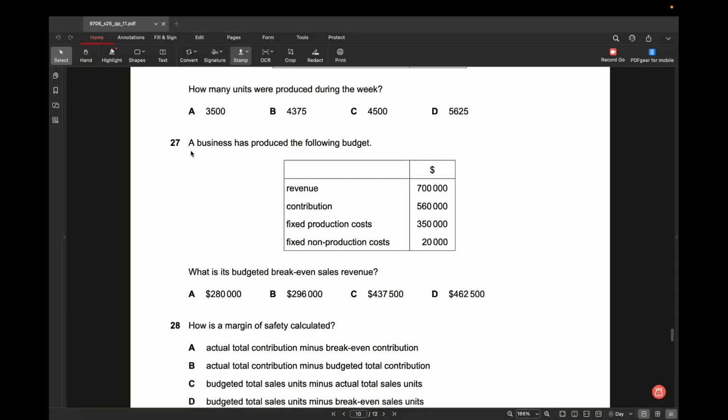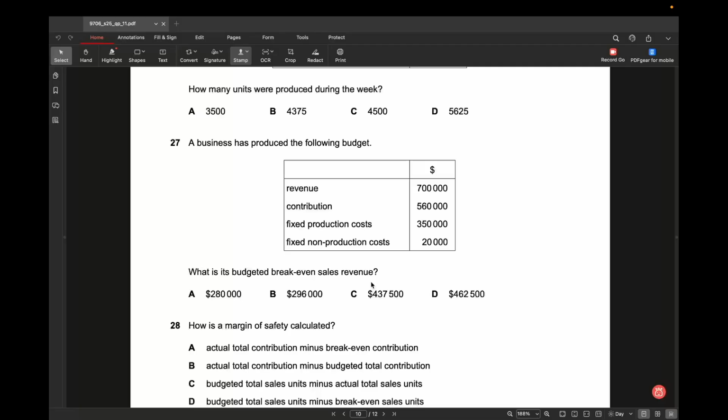Okay, 27. A business has produced the following budgets. Revenue 700,000, contribution 560,000, fixed production cost 350,000 and fixed non-production cost 20,000. What is break-even revenue sales?